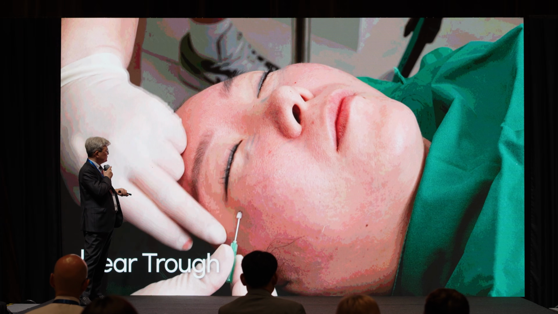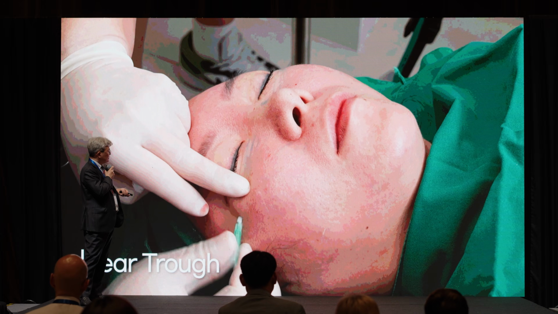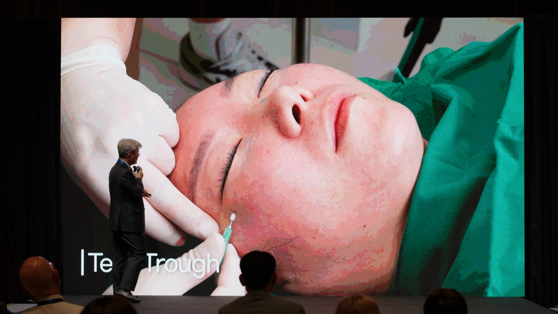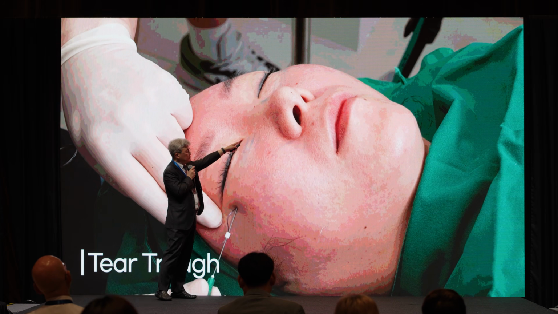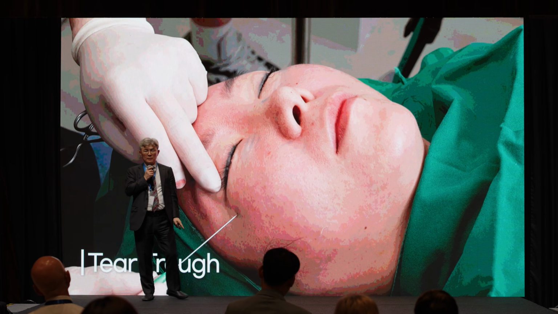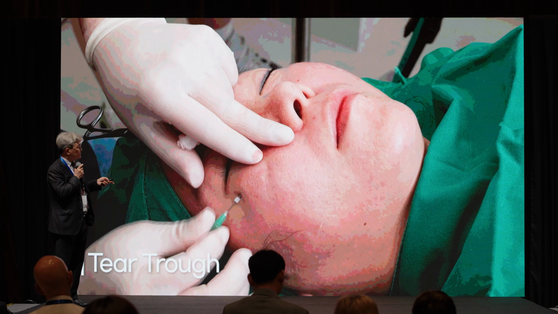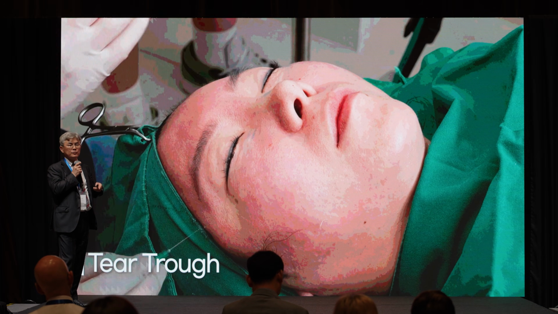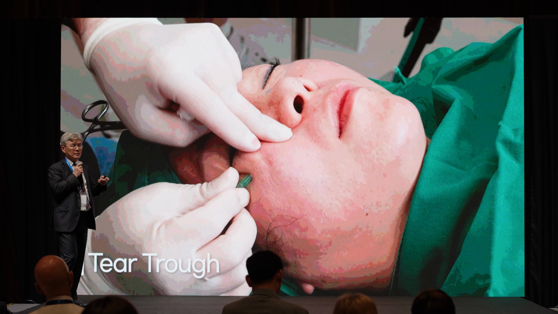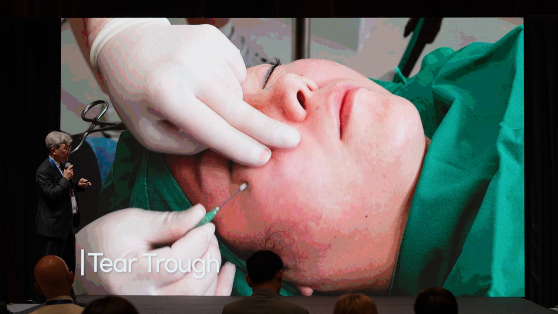For the teardrop, as you can see, this cannula has to pass the medial orbicularis retaining ligament, because this end scaffold has no curve, so it is very movable when the patient expresses the face.